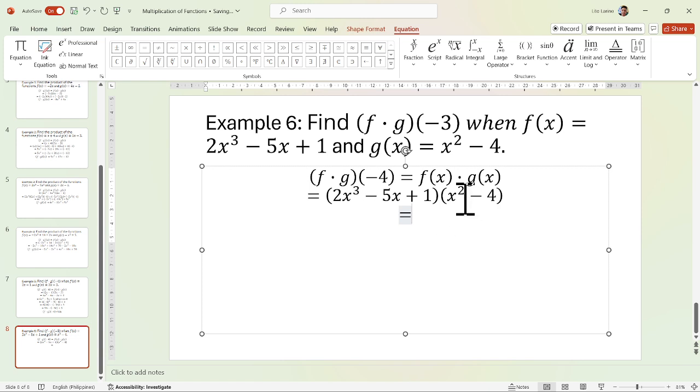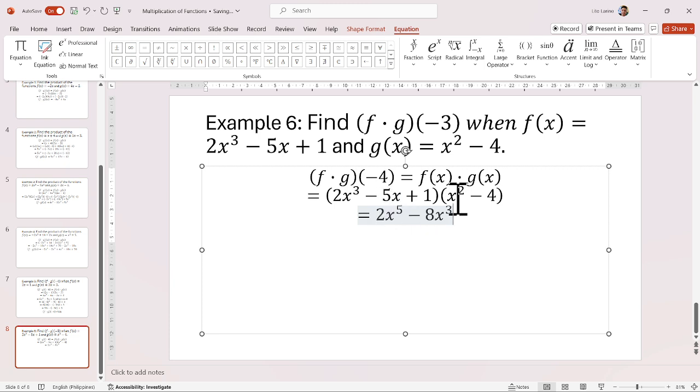2x cubed times x squared is 2x to the 5th power. Take note, that is 2x to the 5th power. Then we have 2x cubed times negative 4 is negative 8x cubed.